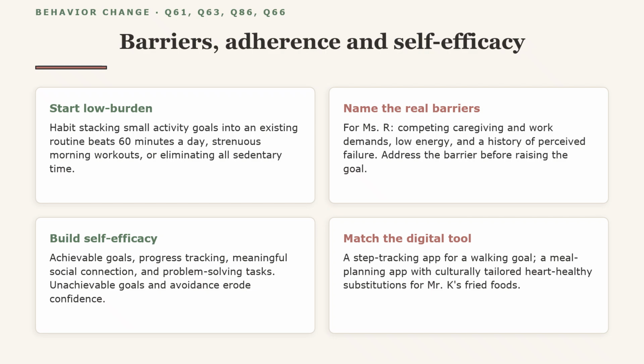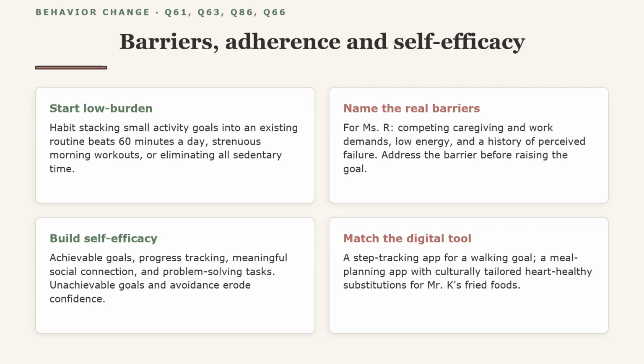So small activity goals into an existing routine. Habit stacking attaches a new behavior to an established cue, so it removes the need for new time and new willpower. The distractors escalated demand rather than lowering it. So 60 minutes a day immediately, strenuous morning workouts, and eliminating all sedentary behavior. Escalating the demand on a patient who just failed.